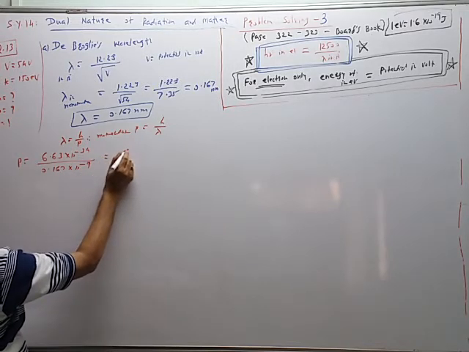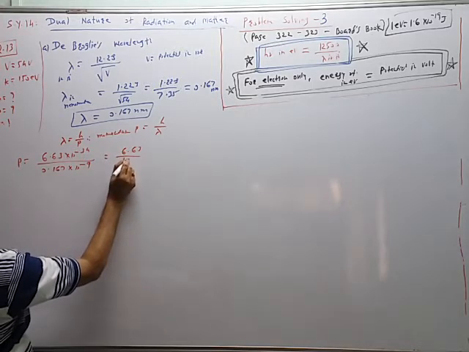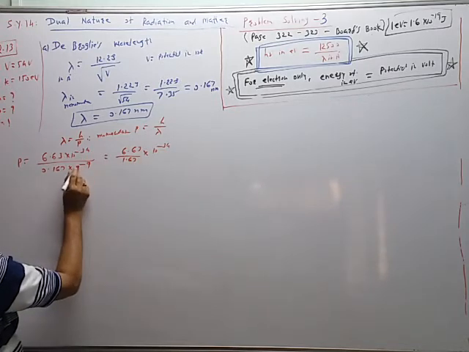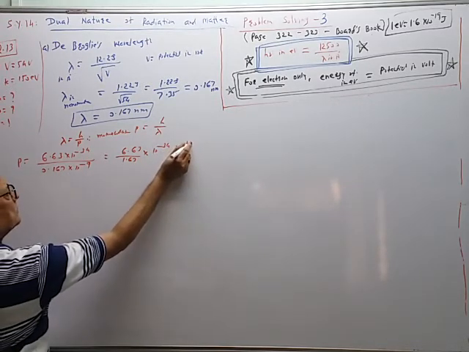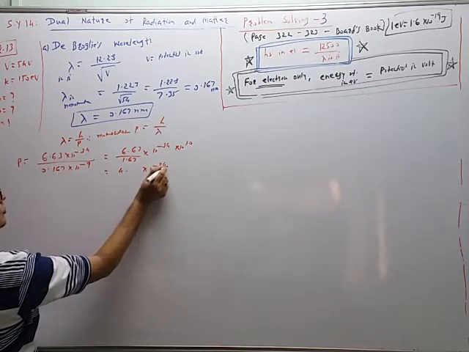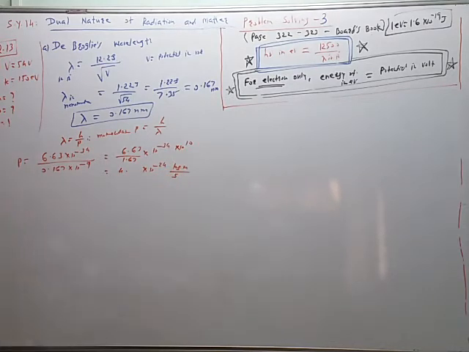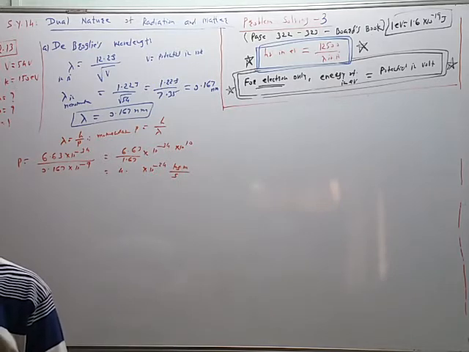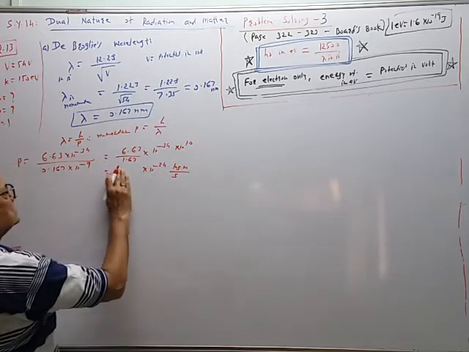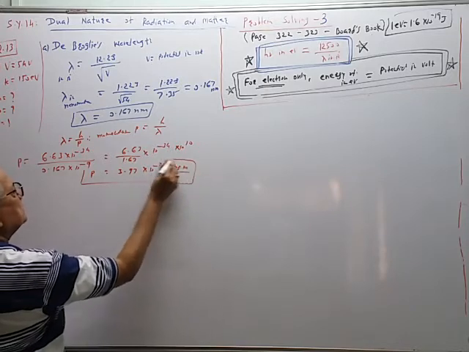So this comes to be 6.63 upon 1.67 into 10 raised to minus 34 as it is, and this will become minus 10. So this minus 10 will become plus 10. So this is 3.97 into 10 raised to minus 24 kg meter per second. It is the unit for the momentum. So momentum p is equal to this much kg meter per second.